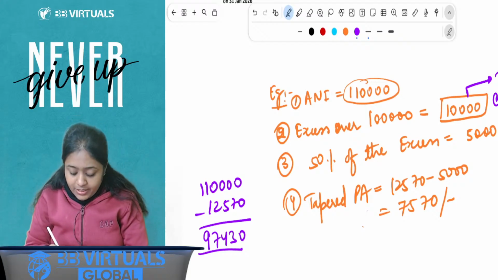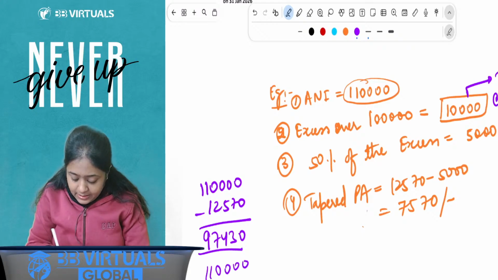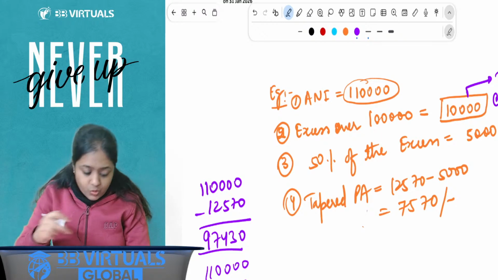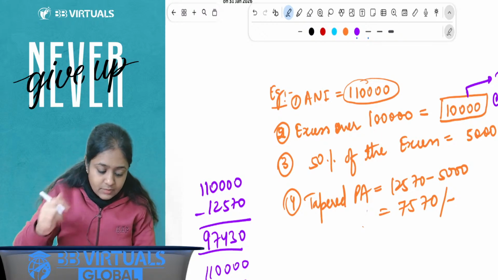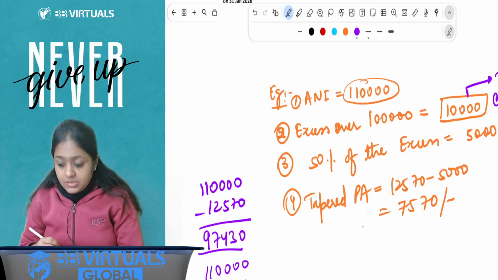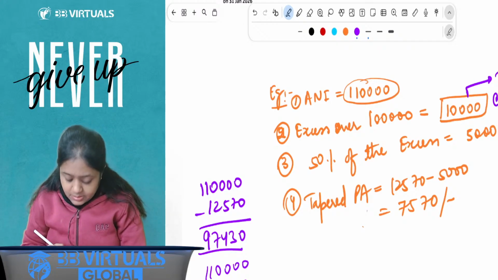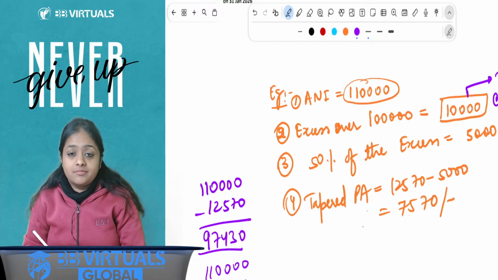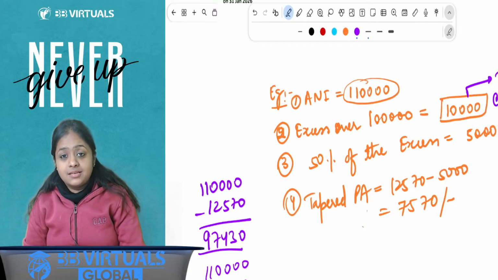But right now, what is my taxable income? 1,10,000 less 7,570, which is going to be 1,02,430. Can you see that your income got increased, and due to which, what income in the tax rate has increased?